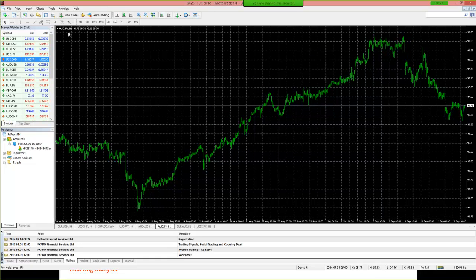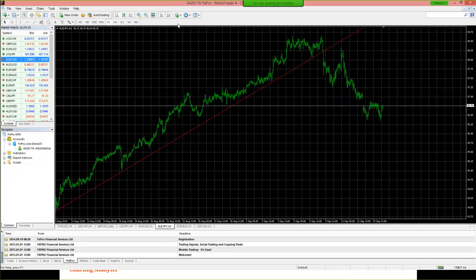So here I've got Aussie Yen 1 hour chart, and you can see over the past few days there was a strong uptrend in Aussie Yen. Tested quite a few times over here initially, more importantly here. Thereafter, this was fairly close to the trend line, a test of the trend line, a test of the trend line, and over here we had a strong break from the trend line.